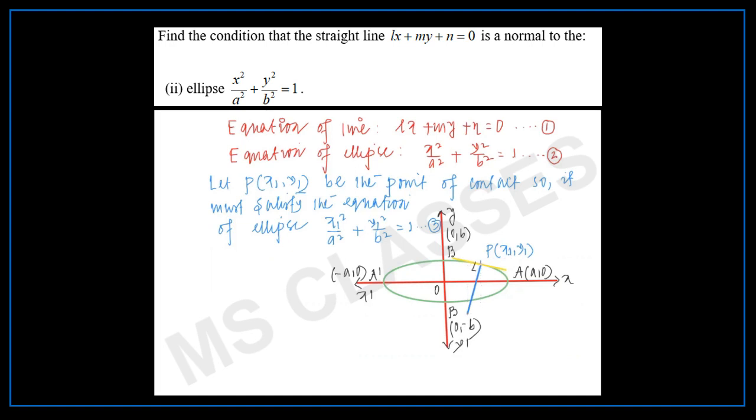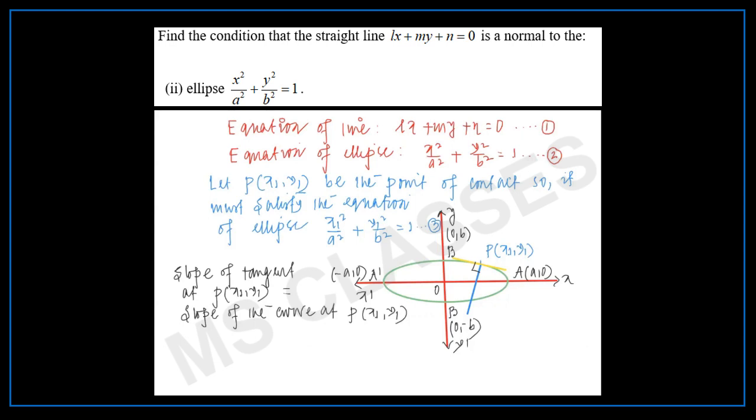And we can find the slope of the tangent very easily because we know the slope of the tangent at the point P x1 y1 equals the slope of the curve at P x1 y1.